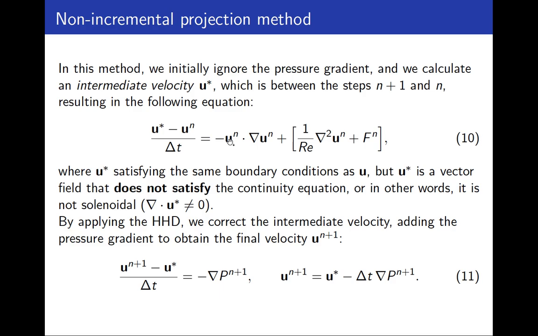We end up with the velocity we are interested in calculating, the velocity at the new time, minus the intermediate velocity, divided by the time step, and that has to be equal to the pressure gradient at the new time. From this equation, we can isolate U n plus 1, and we end up with this equation on the right. Now we will do some algebra.